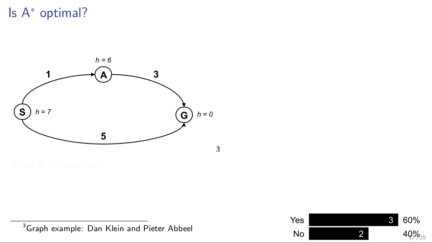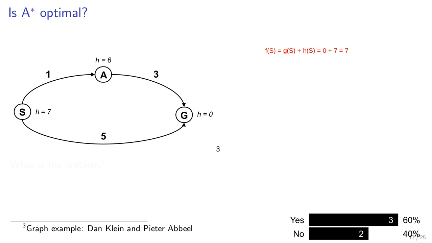So we're gonna start from S. So f of S is gonna be g of S plus h of S, which is gonna be backward cost is 0 because I'm in the start. Heuristic is written here, plus 7, which is 7.